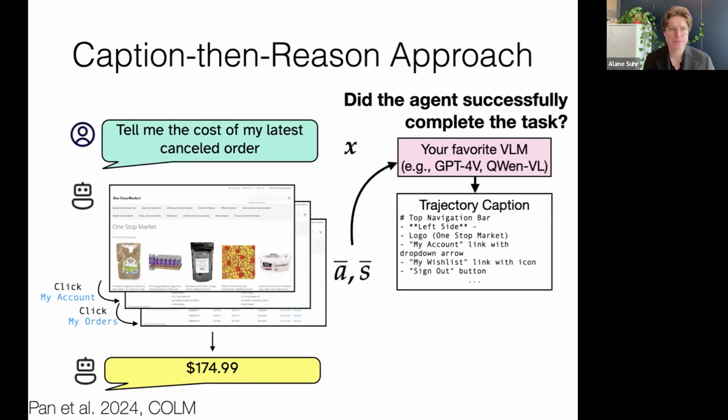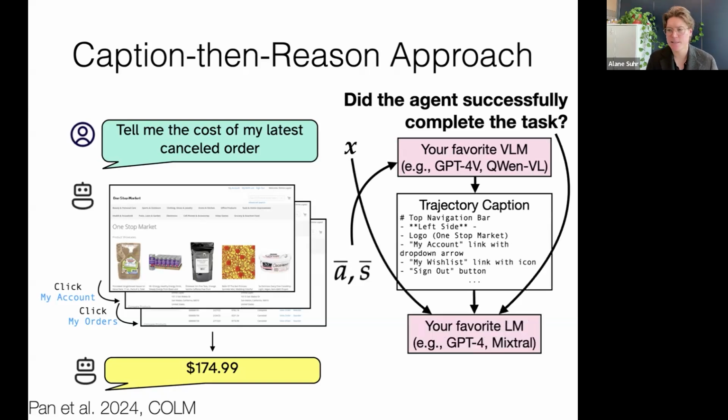So we get some kind of dense caption of the screenshots, for example, that it observed when it was executing the instruction. And then we pass this caption and the original intent, as well as the prompt of, did the agent successfully complete the task, to your favorite text-only model.